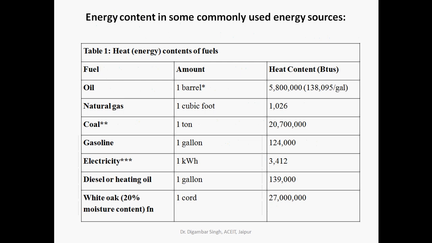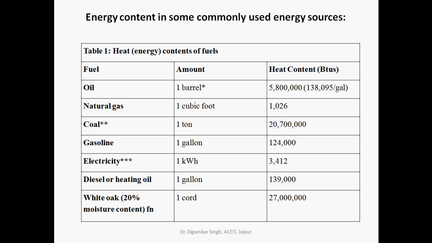These are some energy contents commonly used in energy sources, like oil, that means fuel, amount and heat content. For oil, 1 barrel is equal to 138,095 BTU per gallon.